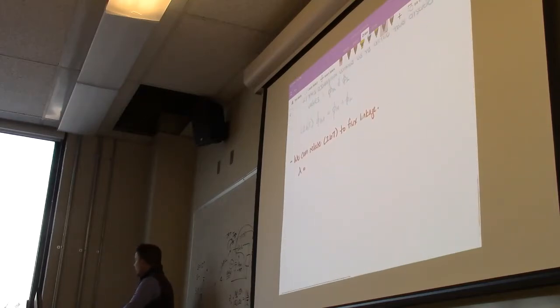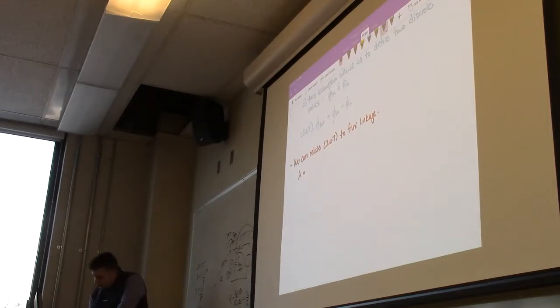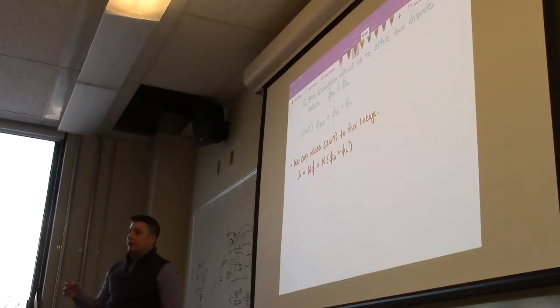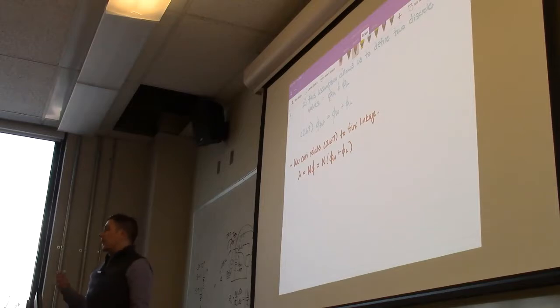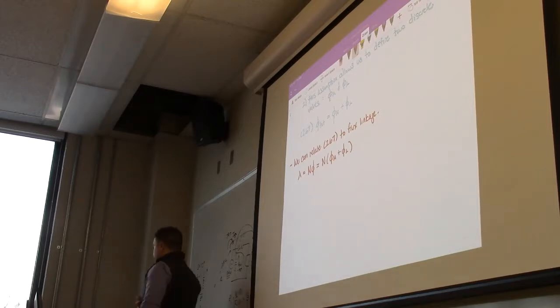So flux linkage, right, is equal to N times phi. And so we can break that up into N times phi m plus phi l. Again, the reason why we can do that is because the number of turns is assumed to be constant for the leakage, right? If we were considering all those mini loops, the n wouldn't be the same for each one. There would be different n values.